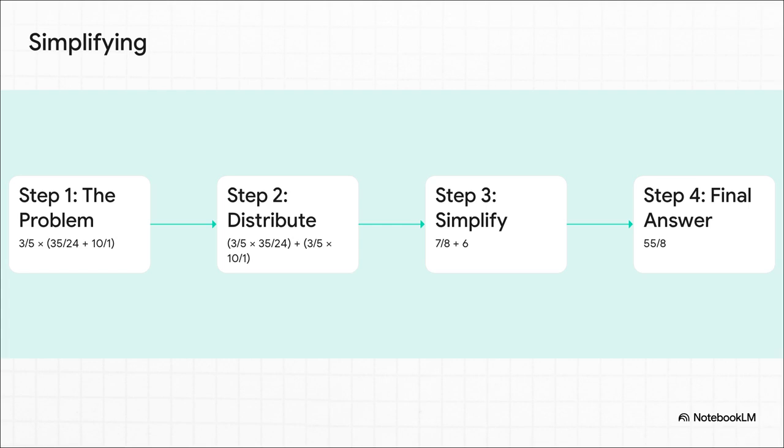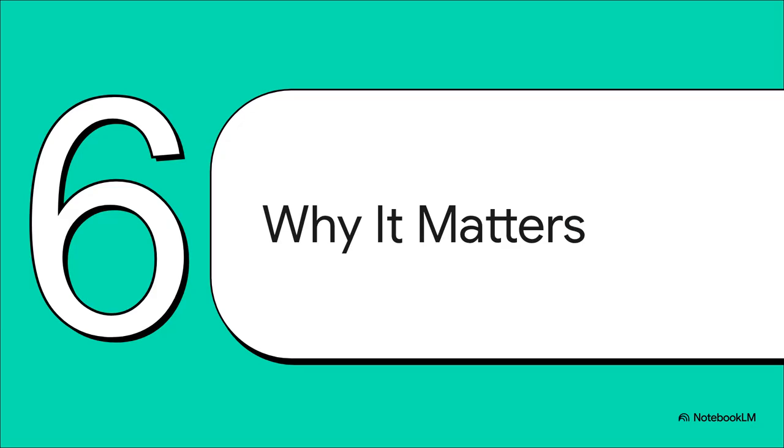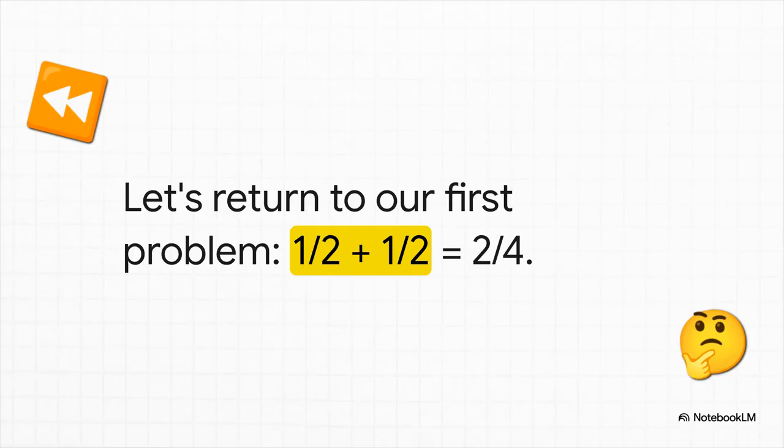It's an awesome trick. So, okay, we've looked at our box, we've looked at the rules for staying inside it, and we've talked about the freedom to move things around. But why does any of this matter? What does it have to do with that simple mistake we made way back at the beginning? Let's go all the way back. 1/2 plus 1/2. We tried to just add across and got the wrong answer.